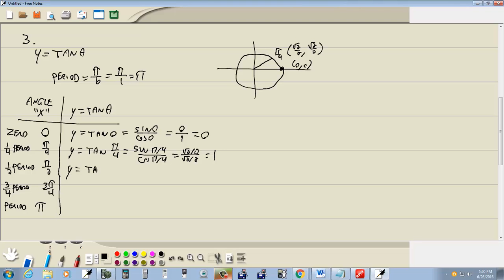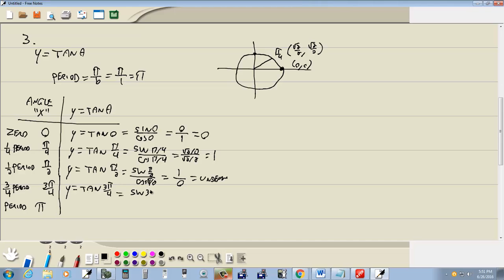And here I got y is equal to tangent pi over 2, which would be sine pi over 2 over cosine pi over 2. Well, here's pi over 2. And sine is equal to 1 and cosine is equal to 0, so this is undefined. And we got y is equal to tangent 3 pi over 4.